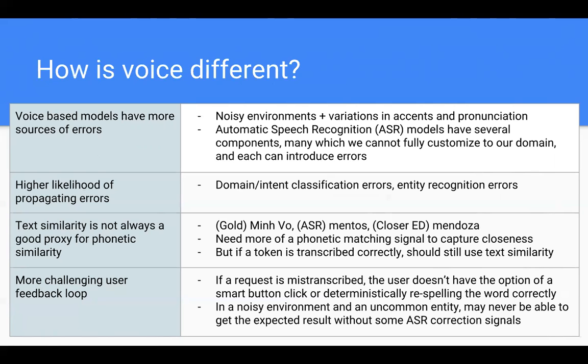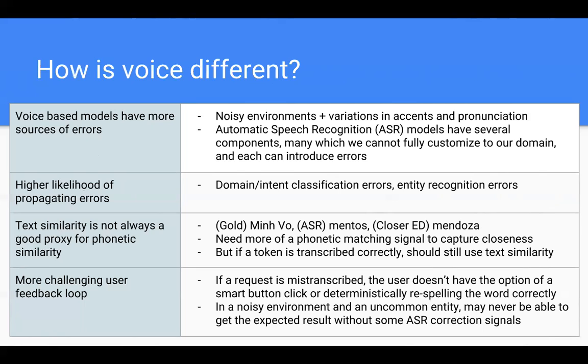Text similarity is not always a good proxy for phonetic similarity. So you might be thinking, you could just take this ASR mistranscribed text and do character edit distance and then match it against your internal corpus of business objects. But that really doesn't work because here's an example. You have a gold name that you're trying to pronounce. In this case, it's Minh, who's my colleague.